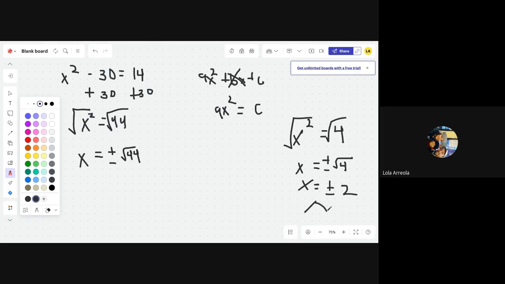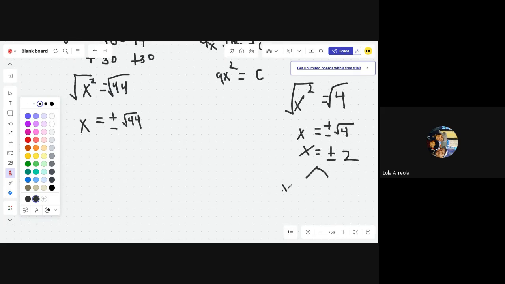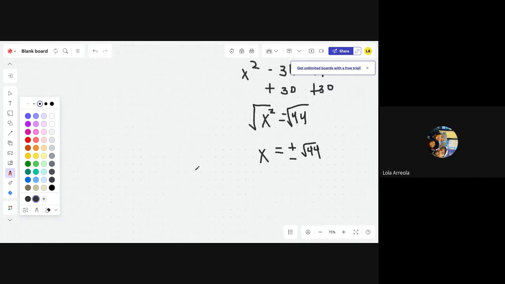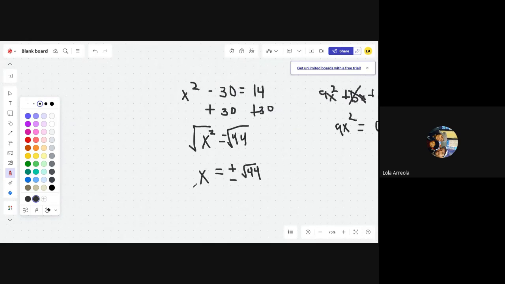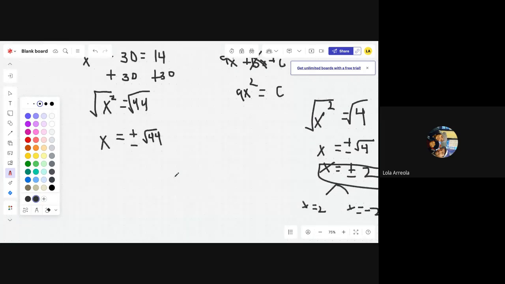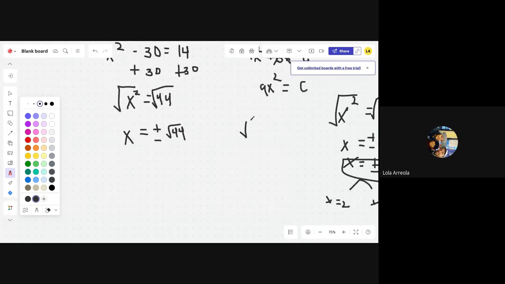It's saying x equals 2 and x also equals negative 2. So I have 2 solutions for x. Notice I have the positive and negative version, okay? So that's the same case here. Anytime we take the square root to both sides, once I isolate that x on this side, I have the positive and negative version. And just like I simplified the square root of 4 to 2, we can simplify square root 44 a little bit.